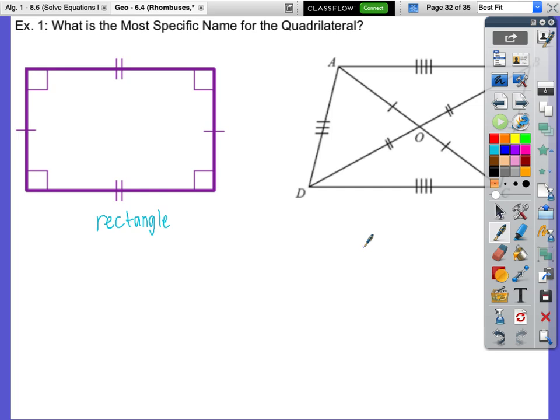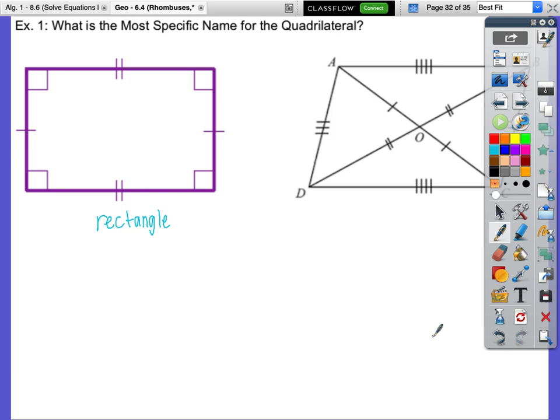This is a rectangle because it's a parallelogram. Both pairs of opposite sides are congruent, and every angle is 90 degrees. If every angle is 90 degrees, it's a parallelogram that is either a rectangle or a square. It's not a square because not all four sides are congruent. The top and the bottom are not congruent to the left and the right.